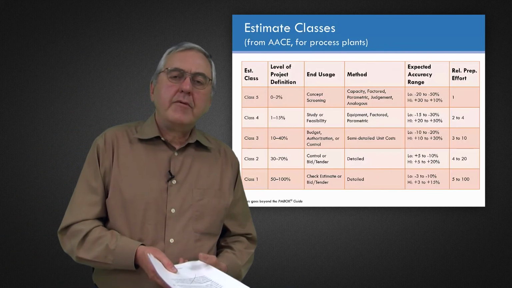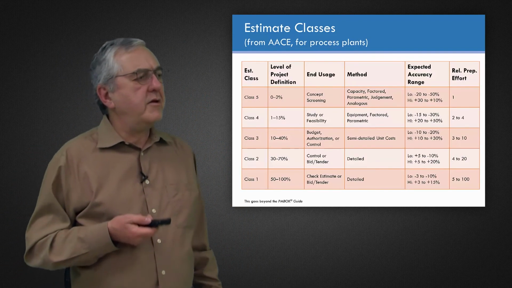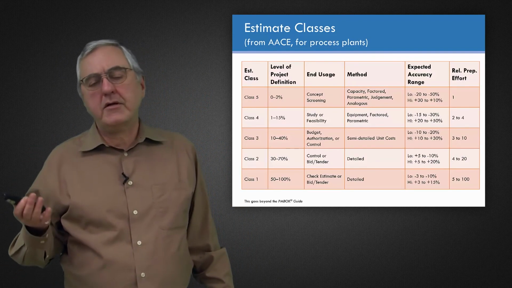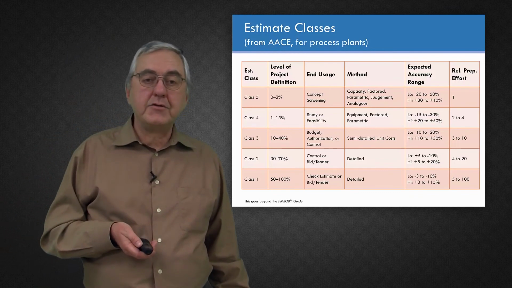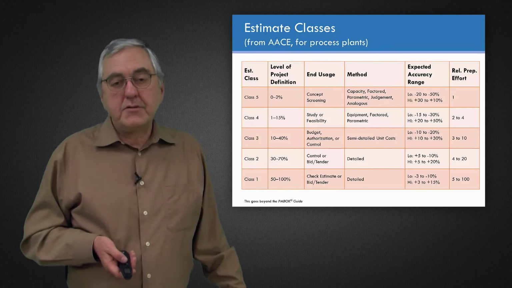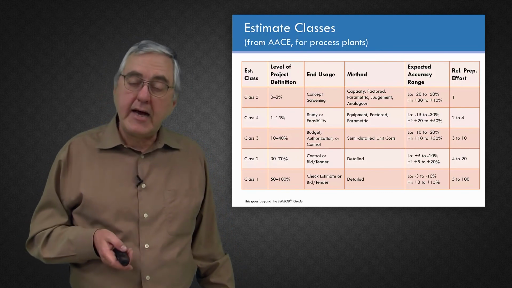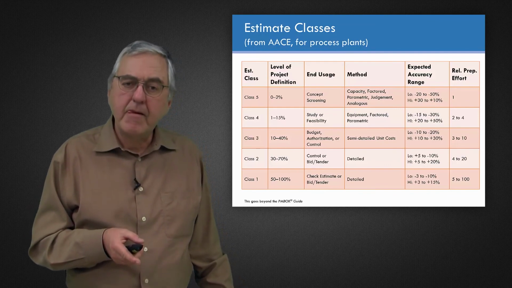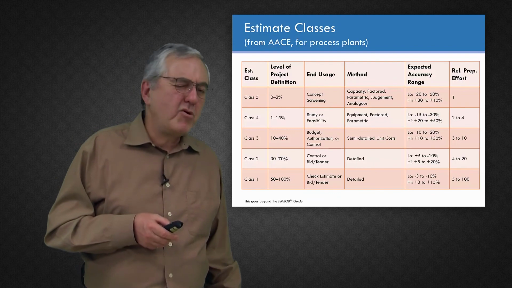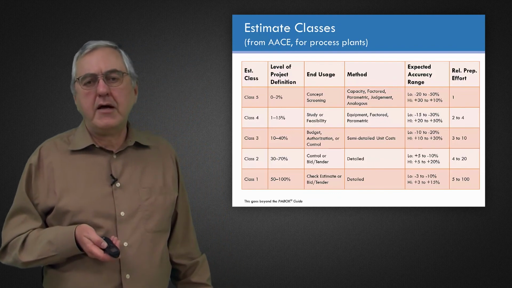Here's another one. This is from the American Association of Cost Engineers. They're particularly strong in electrical and other kinds of utility construction and process plants. And their estimate classes go from Class 5 down to Class 1. Each class suggests a level of project definition. I think you could take that to mean percentage of engineering design done.